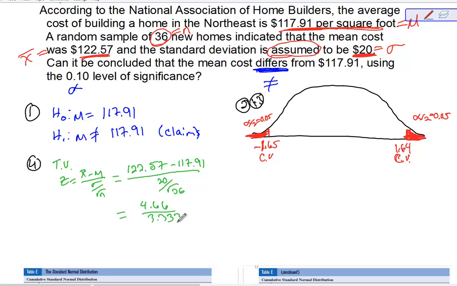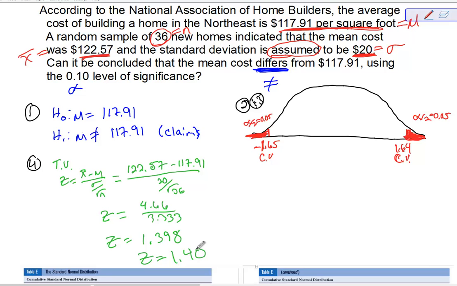And when I divide out the 4.66 divided by 3.333, I get 1.398, which when I round that, because z's always have to be rounded to 2 decimal places, becomes 1.40.